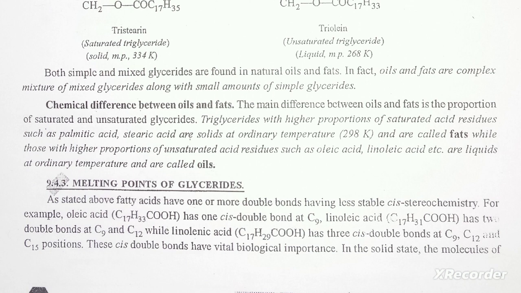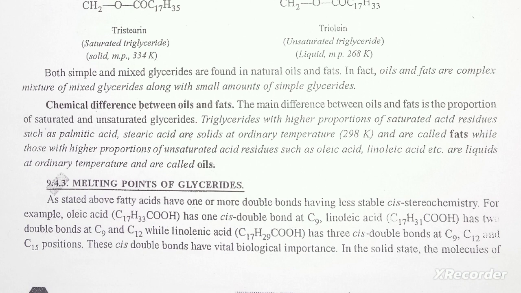Melting point of glycerides. As stated above, unsaturated fatty acids have one or more double bonds having less stable cis stereochemistry. For example, oleic acid has one cis double bond at C9, linoleic acid has two double bonds at C9 and C12, while linolenic acid has three cis double bonds at C9, C12 and C15 positions.